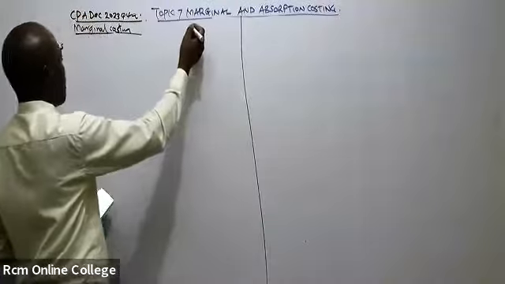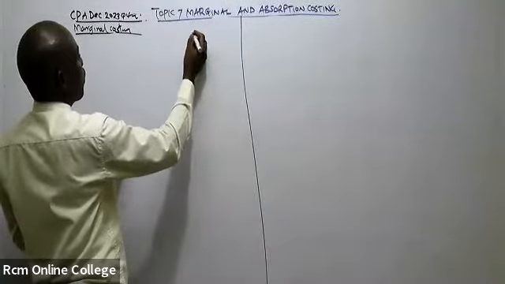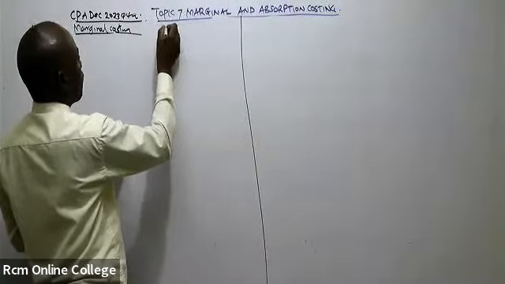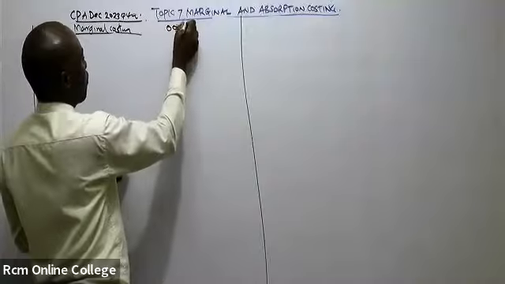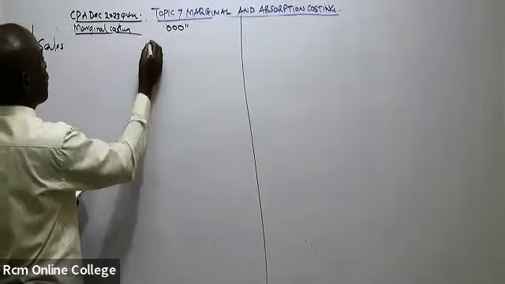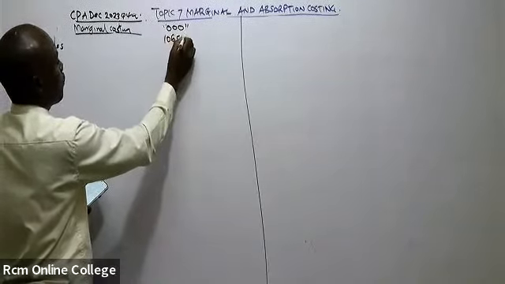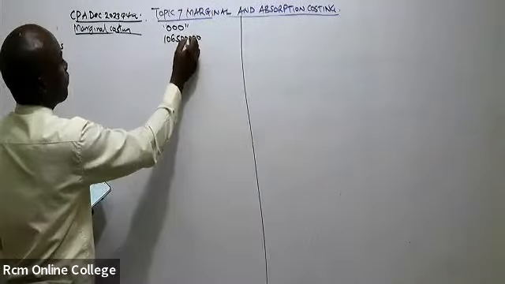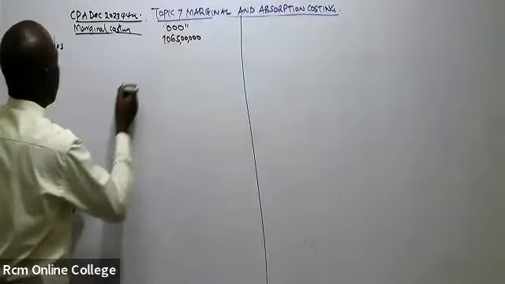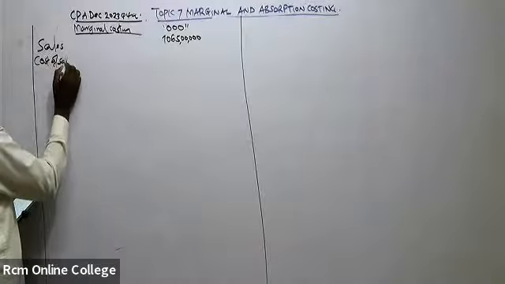So maybe you can do them in thousands, or we can have 106,500,000, the whole of it. Then we need to take care of cost of sales.